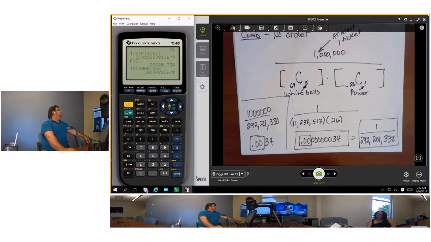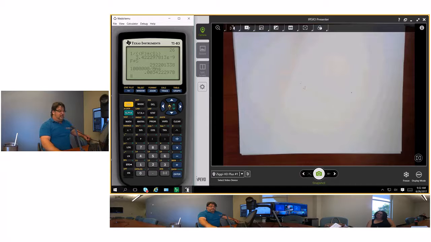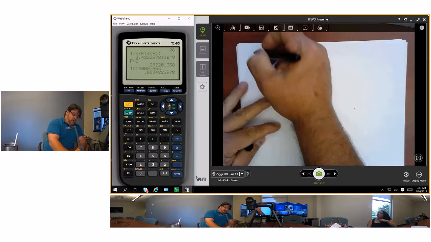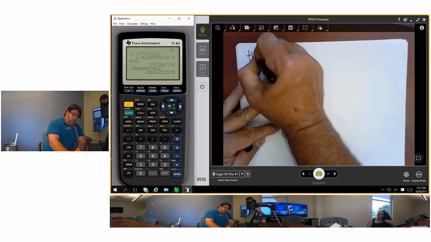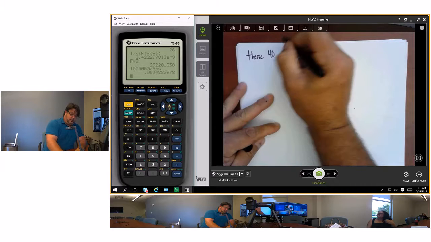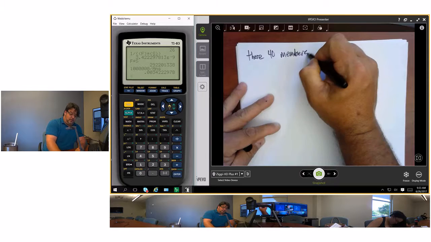Okay? Now, what's the difference between permutations and combinations? A permutation question will be like this. There are 40 members of a club.